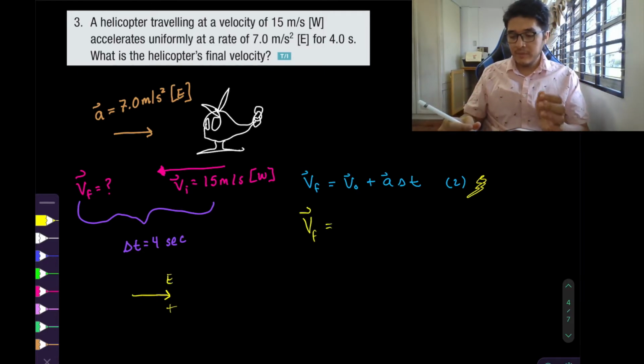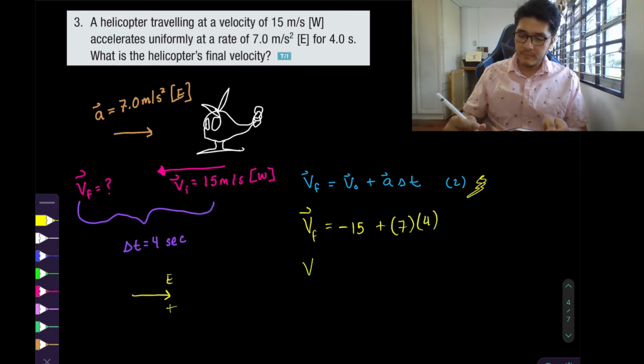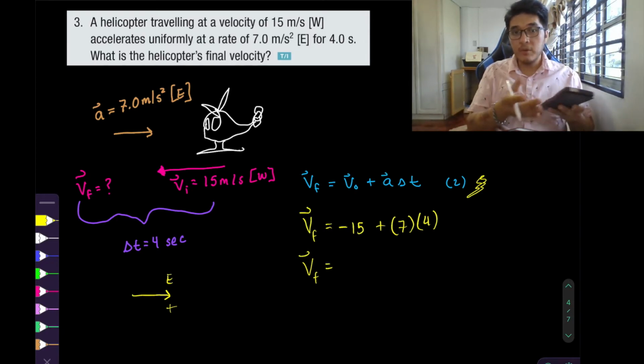The initial velocity was to the left, which is negative, so we put negative 15. Our acceleration is to the right, so we leave it as positive 7. And our change in time is 4 seconds. So leave the final velocity as a vector, and we're going to figure out if it's negative or positive after we do the calculation.